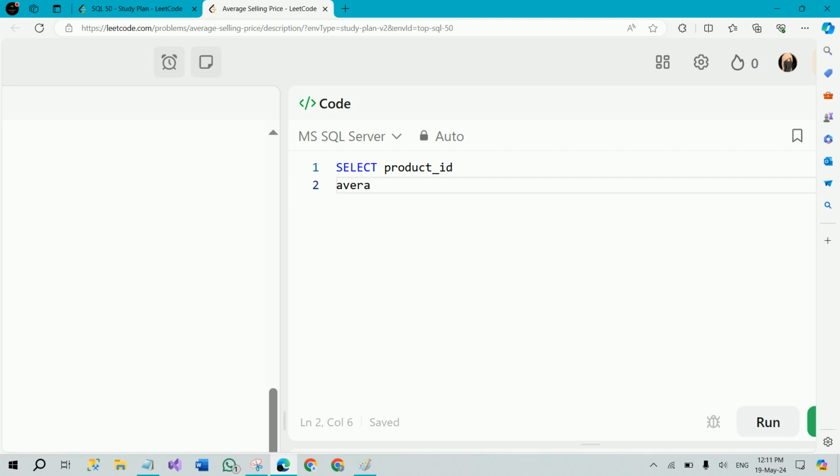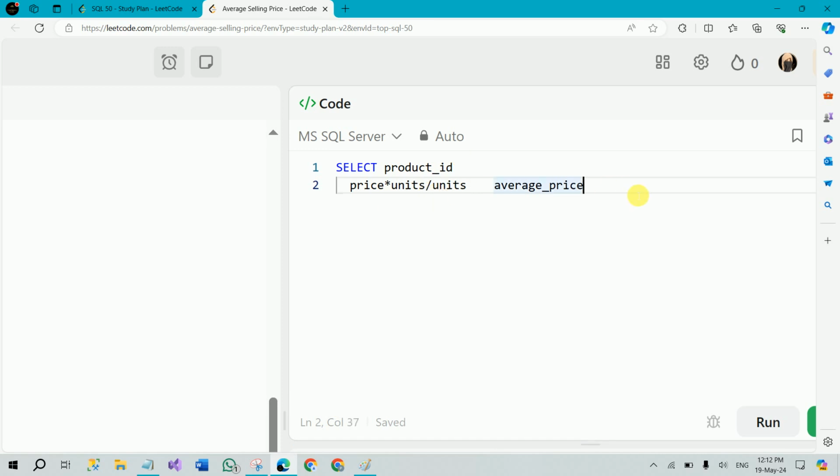Now if you see how we calculated average price, we were multiplying price from the first table with the units from the second table, and we were adding the units in the denominator as well. Okay, but this is for one product.